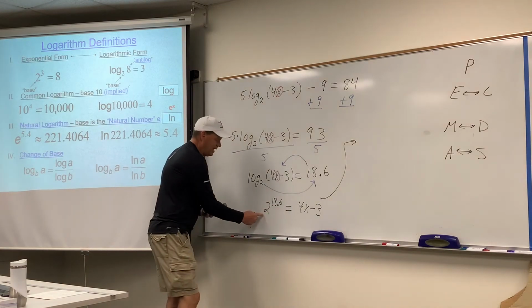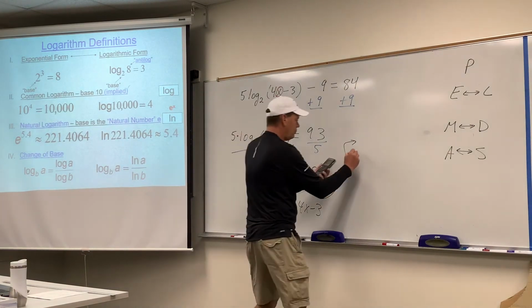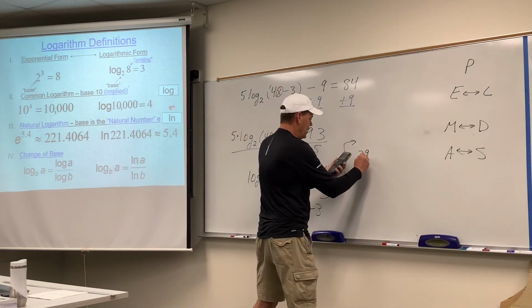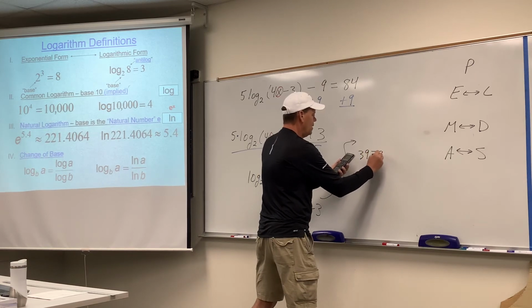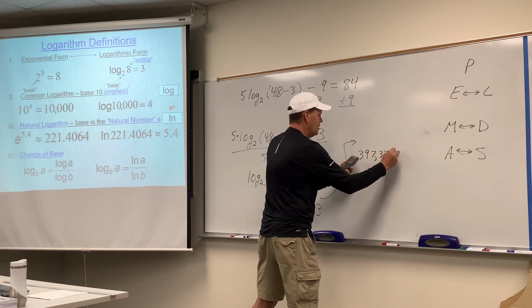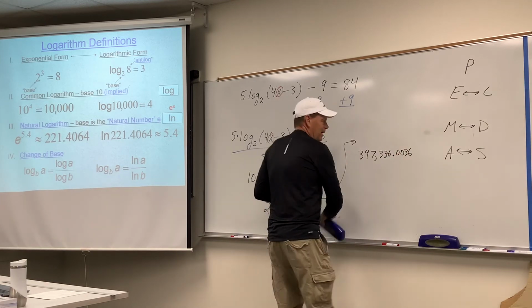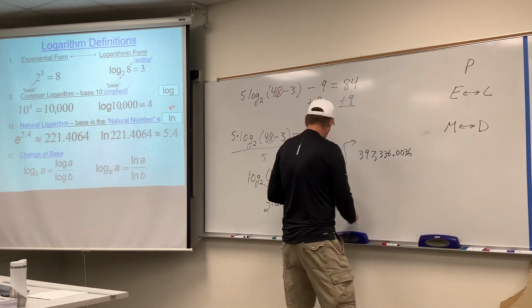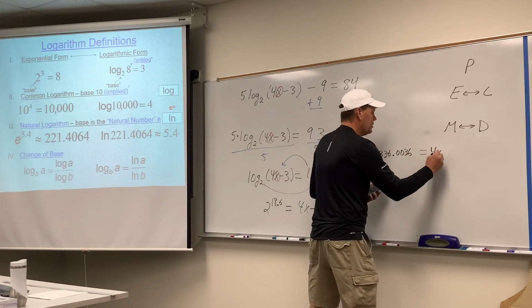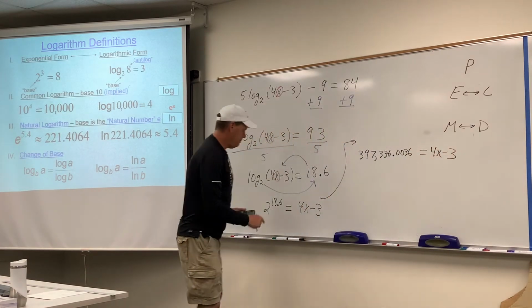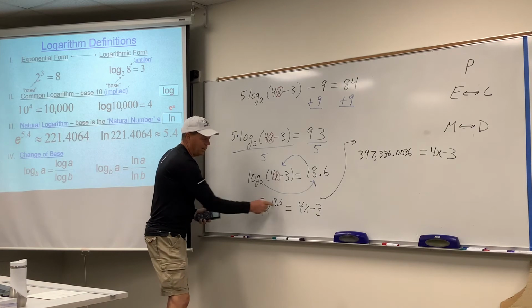So if you put that in a calculator, that becomes 397,336.0036. I'm out of space here, I'll have to move this. Equals 4x minus 3. All right, that's just putting this in a calculator.